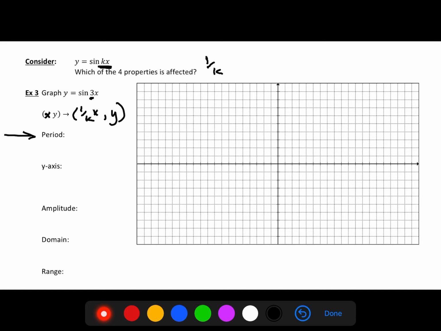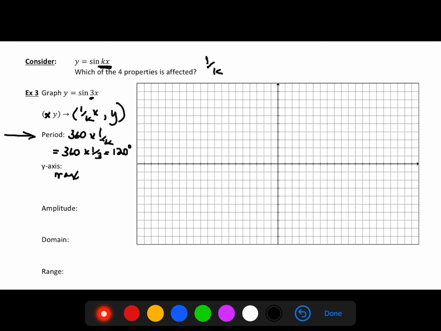So our period is now going to be multiplied by 1 over k, which in this case is 360 times 1/3, which is the same thing as dividing by 3. So our period is only 120 degrees here. Okay, it's 1/3 as big. A third of 360 is 120, does the opposite. So compressed by a factor of 3.